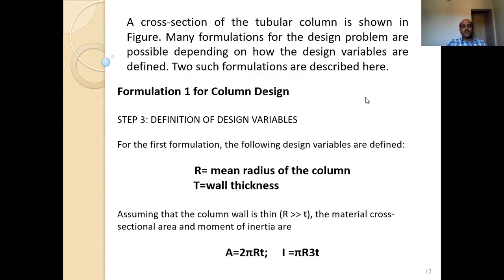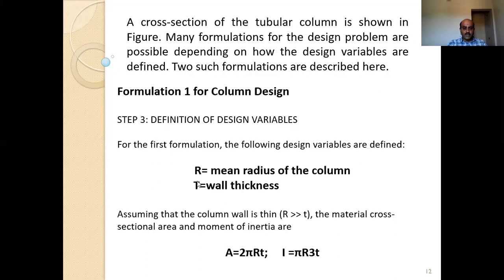Formulation 1 for column design, definition of design variables. Please note these things. The design variables are very important here. For this first formulation, the column design variables are defined. R is the mean radius of the column and t is the wall thickness.